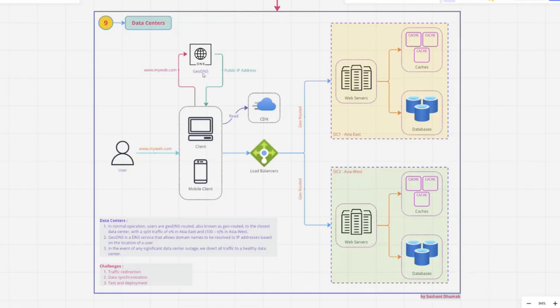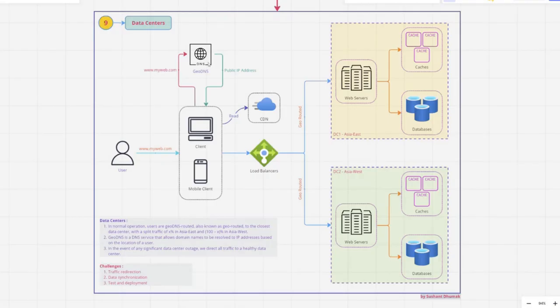But right now you can see I mentioned it as GeoDNS. In normal operation, users are GeoDNS routed. In the sense, when users send a request to GeoDNS, the user will get routed to the nearest data center. So this is also known as geo-routed, that is, to the closest data center.